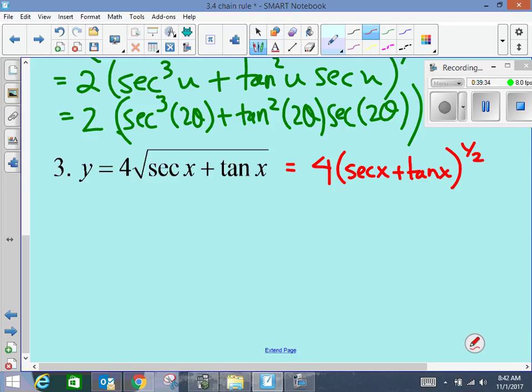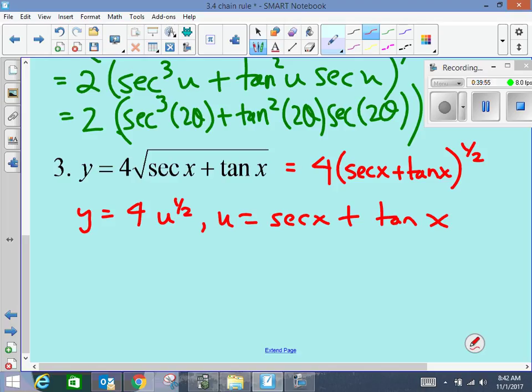That might help. Yes. Y equals 4 squared U. So U to the 1/2? Yes. Okay. Or U is secant x plus tangent x. Very good.